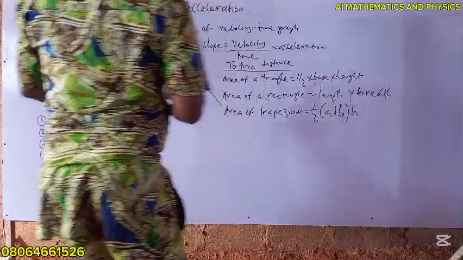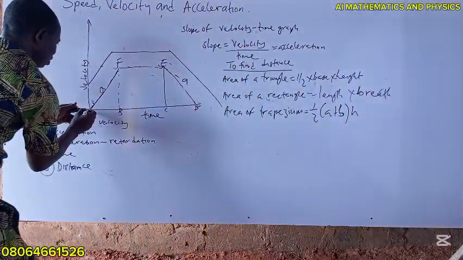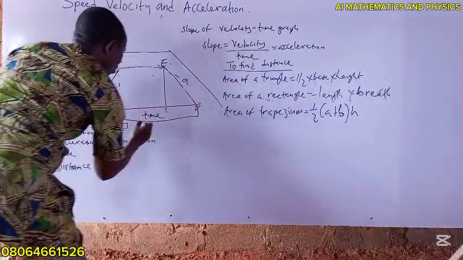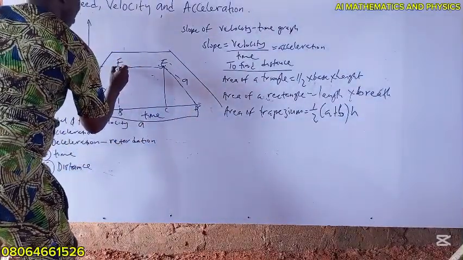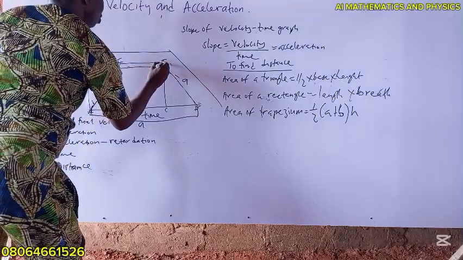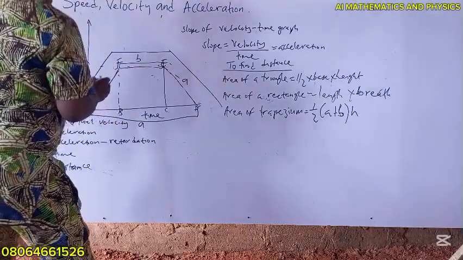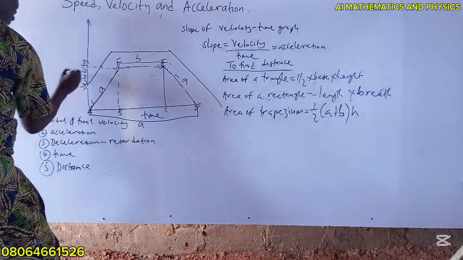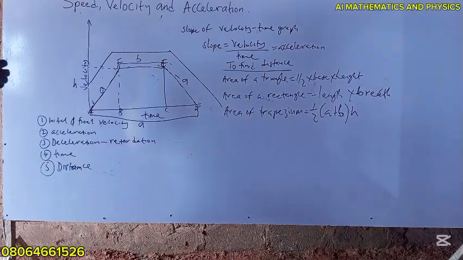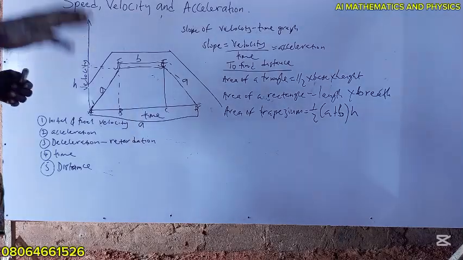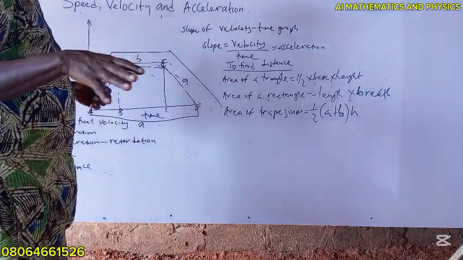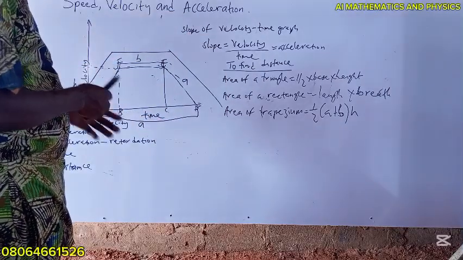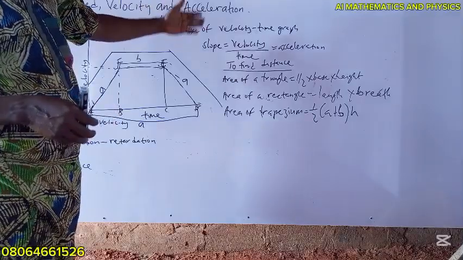A means, look at this side, from here to here we say is A. From here to here is our B. And from here to this place is our height. By next class, I will try to solve questions so that everything will be revealed in our solving.